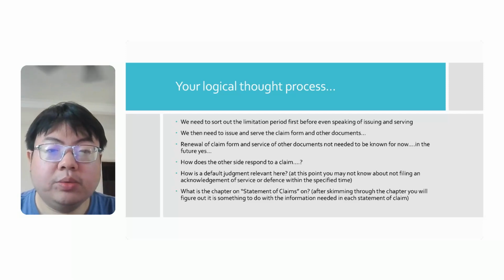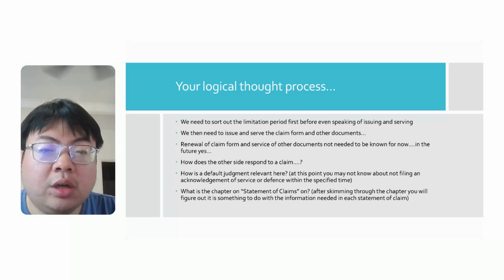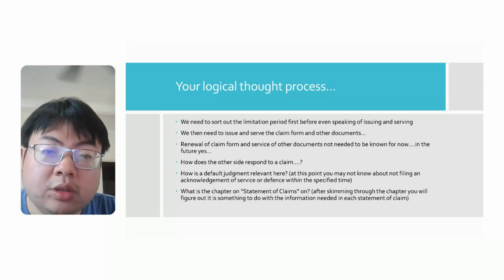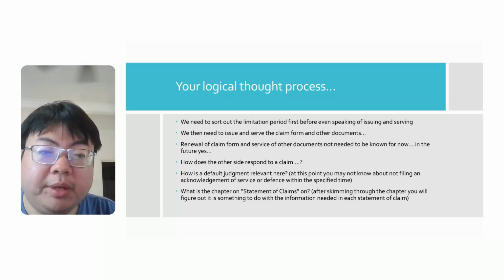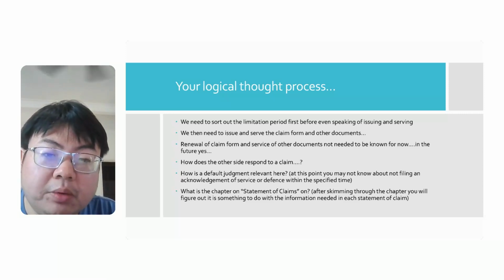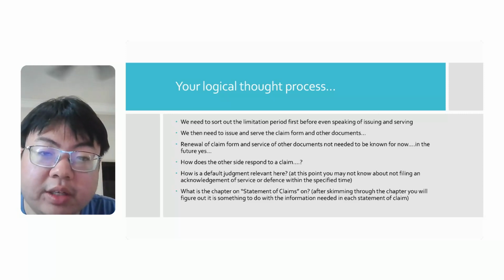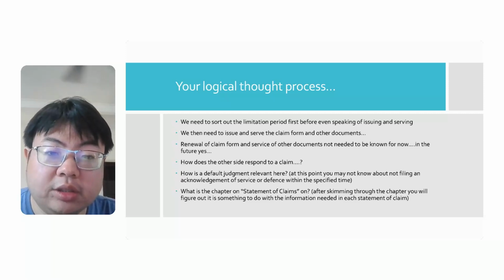When you're looking at this, your natural logical thought process will be something like this. Assuming you had covered the topics in your tutorials already, you know limitation period has to do with stopping an action from even beginning. So you would probably think we need to sort out the limitation period first before speaking of issuing and serving. And then you know issuing and serving the claim form is one of the earliest steps in commencing litigation.